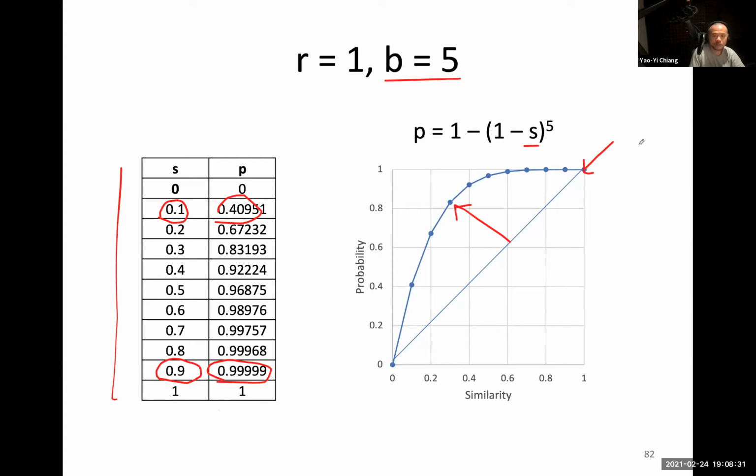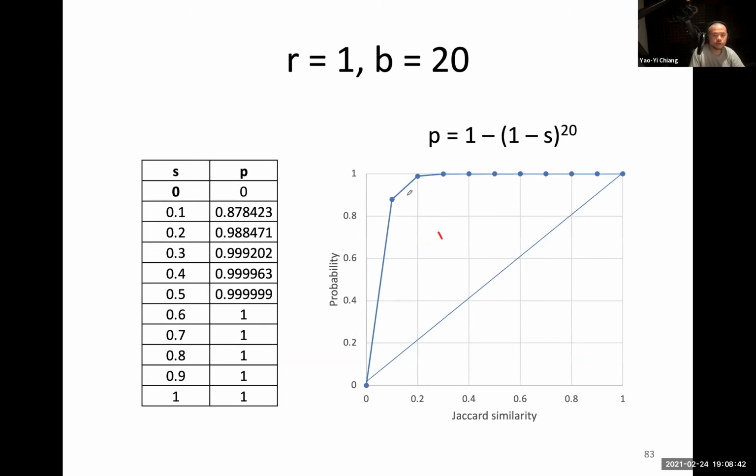So everything is above the straight line, and especially towards here. If we further increase your B, it's even moved toward the top left corner, and if you have a Jaccard similarity larger or equal to 0.6, now you're guaranteed to become a candidate.